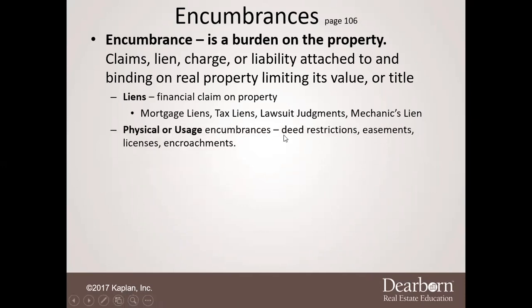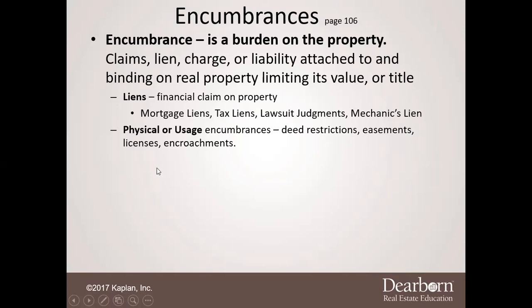Then we have physical or usage encumbrances. That includes deed restrictions, easements, licenses, and encroachments. So we have liens, which are financial claims, but then we also have physical or usage encumbrances for property, like a deed restriction, an easement, license, or an encroachment.